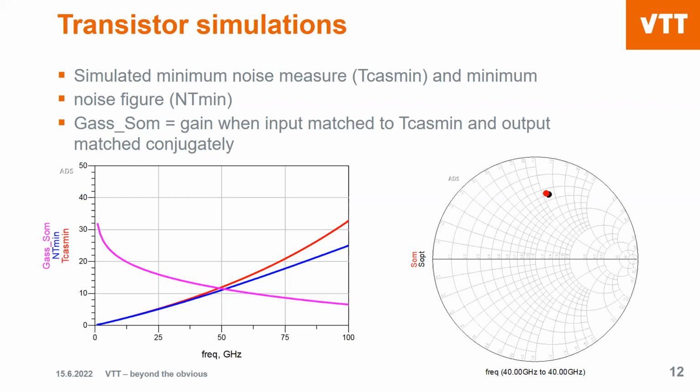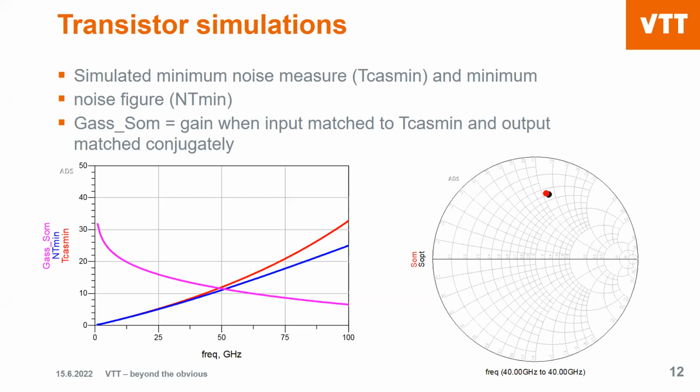When the gain goes below 10 dB, T_cas,min starts to go higher, but T_min doesn't, so you would make a wrong decision about the performance of your LNA based on T_min. So in real life at 100 gigahertz, you will get 30 Kelvin noise temperature for your LNA, not 25 Kelvin.